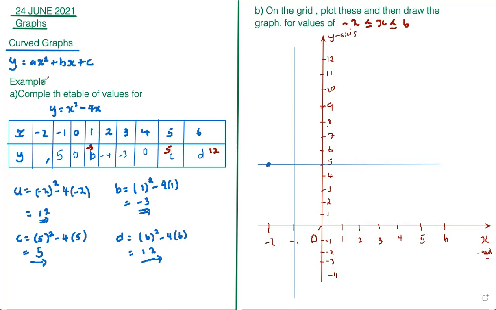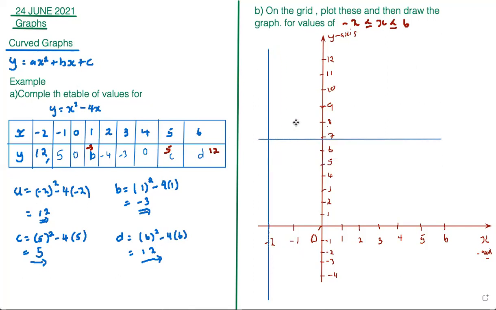We calculated it as 12, so this part is not correct. So when x is -2, it's 12 right here. That is the first point.